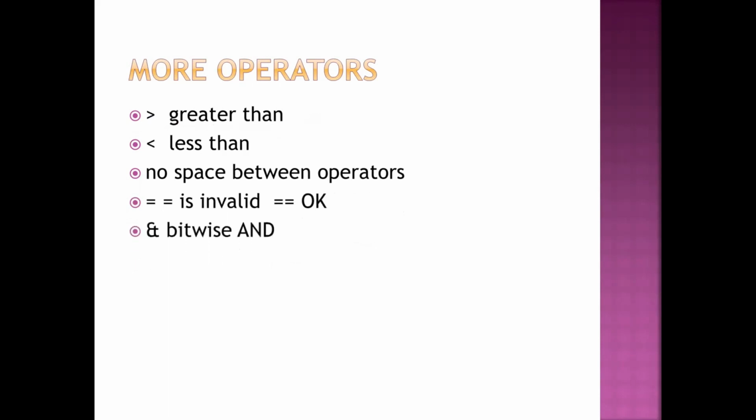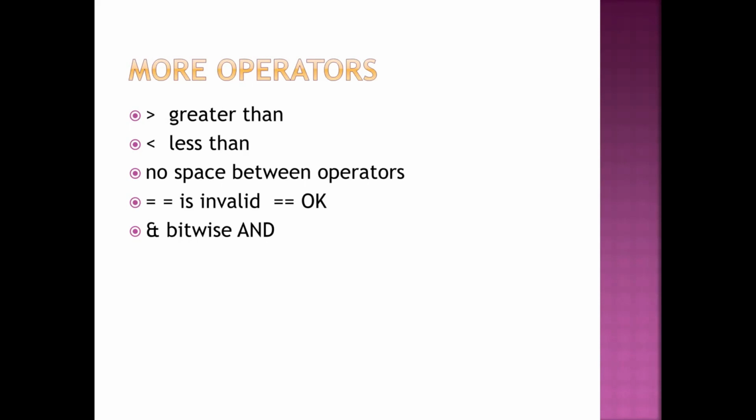And then bitwise AND. So far we have applied this AND operator between two separate expressions and got the result at the end. What if we want to do bitwise AND? If you have a certain value and represent it in binary form, having bits containing the values 0 and 1, then you can apply bitwise AND.